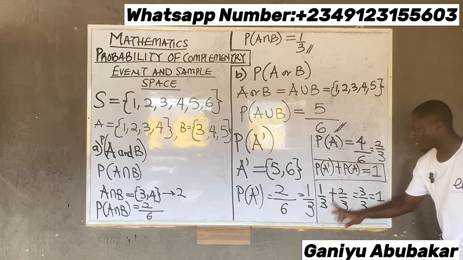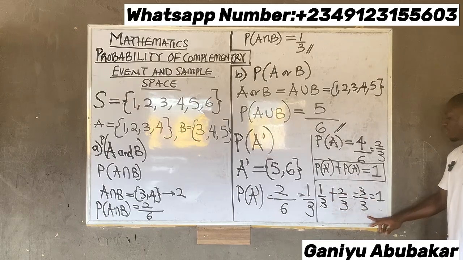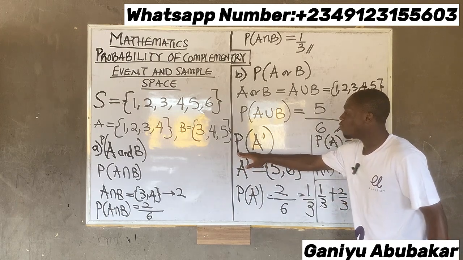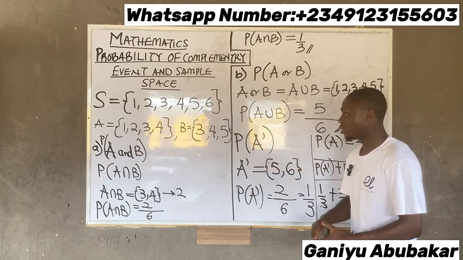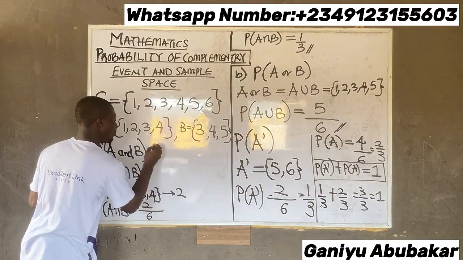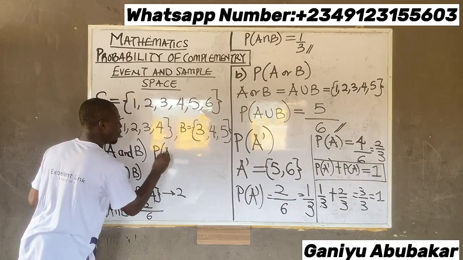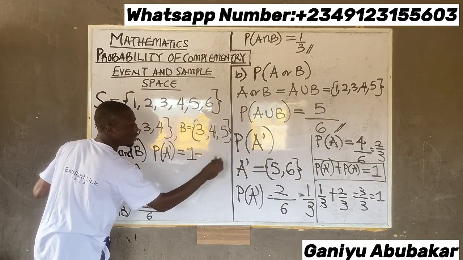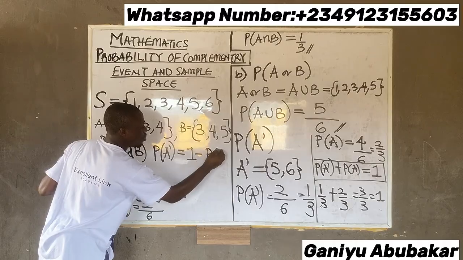Add them together, you have 3 over 3, and that gives you 1. So in essence, if you have to find the probability of a complementary event, don't stress yourself. Just take it that the probability of the complement of A is equal to 1 minus the probability of A.